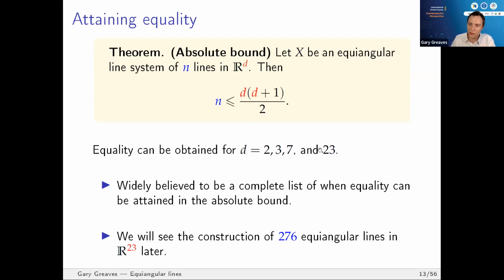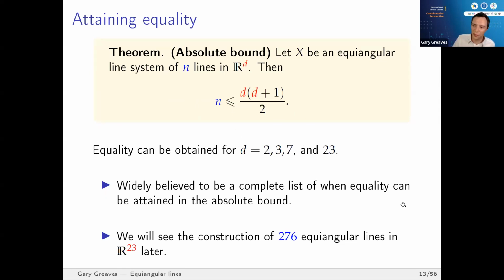We've actually seen 7, so you can plug in 7 here and you'll get 28. And one we haven't seen is dimension 23. I'll tell you about dimension 23 later on. But as far as we know, these are the only dimensions where equality can be attained here. And it's an open problem to work out if there are any more dimensions.